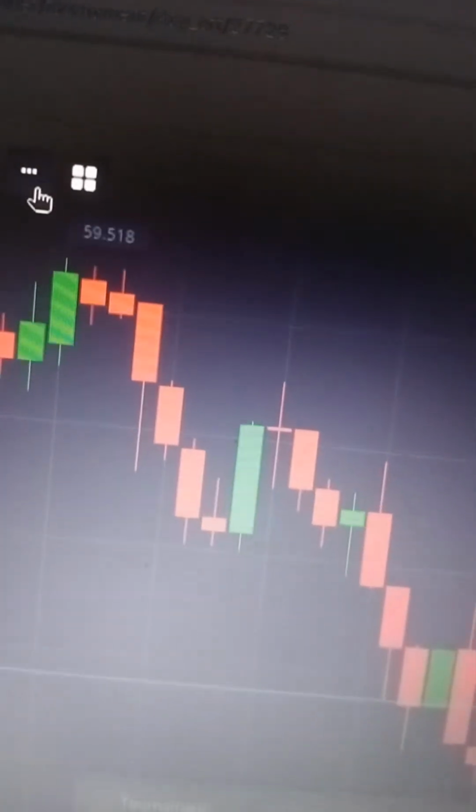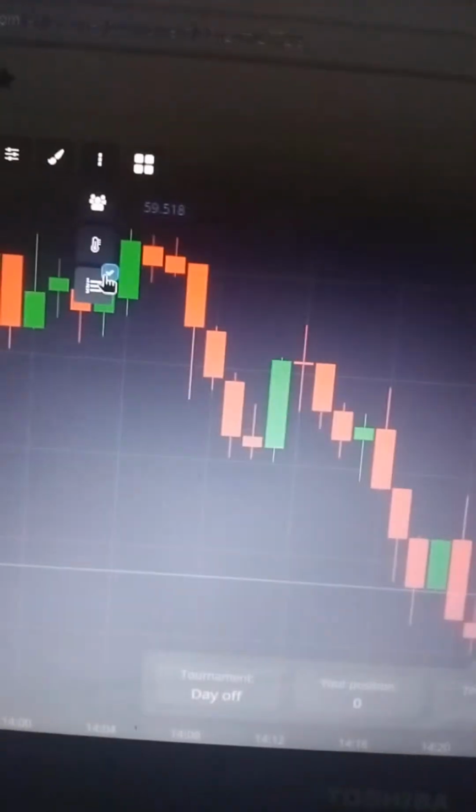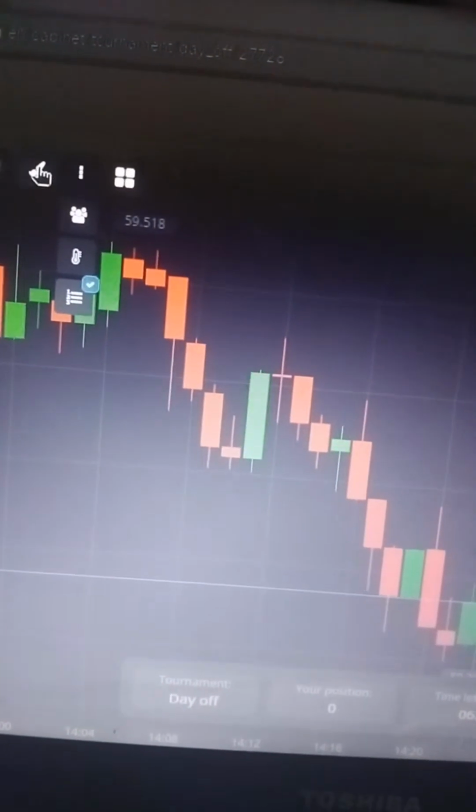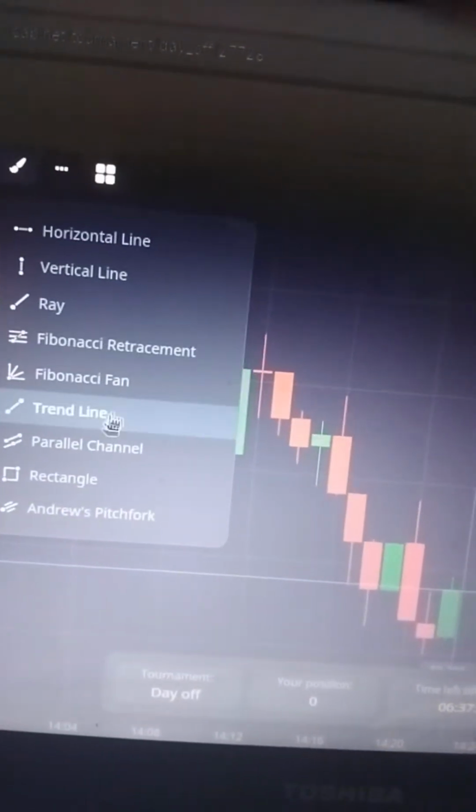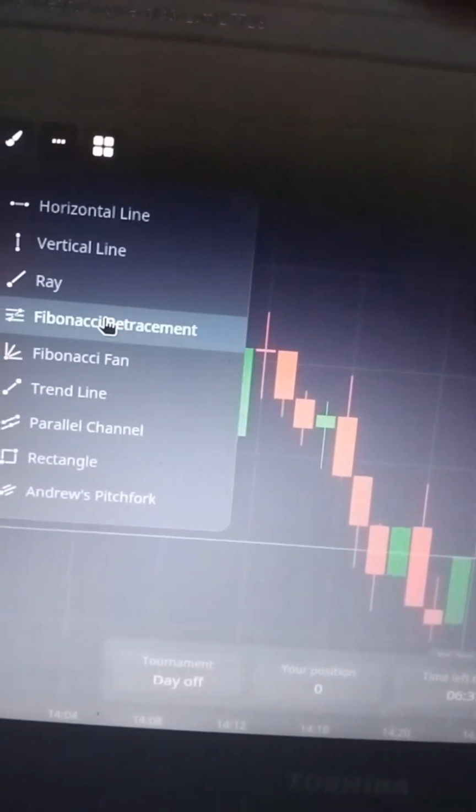So as you can see here, let us draw a Fibonacci and determine our TP2 first.